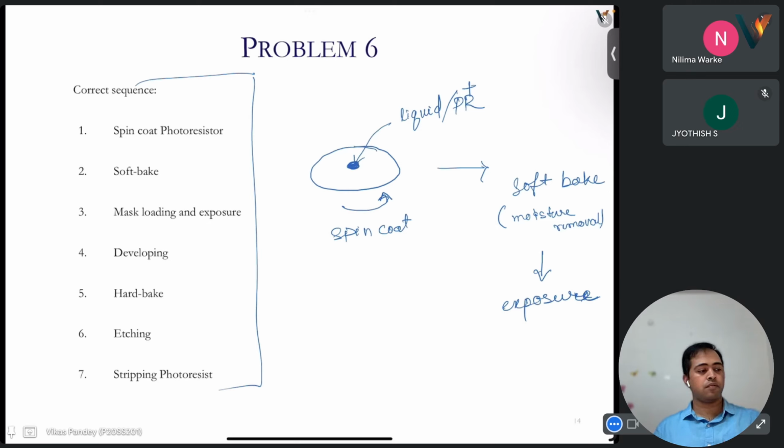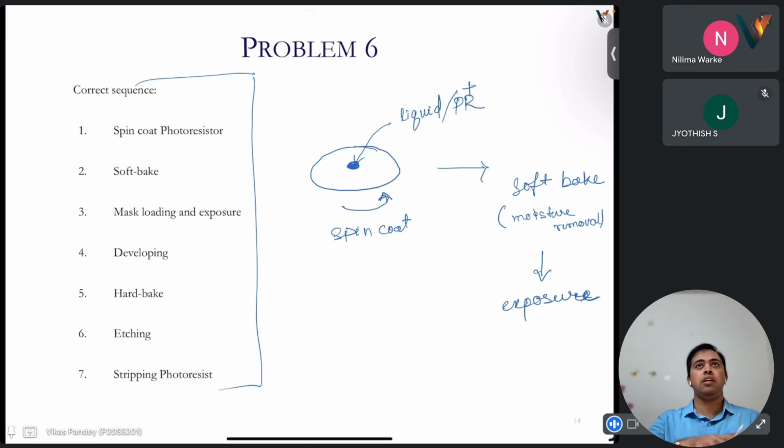Except that pattern, whichever portion is there, that will become dissolved. It will dissolve easily. And in what will it dissolve? It will dissolve in something that is a developer.